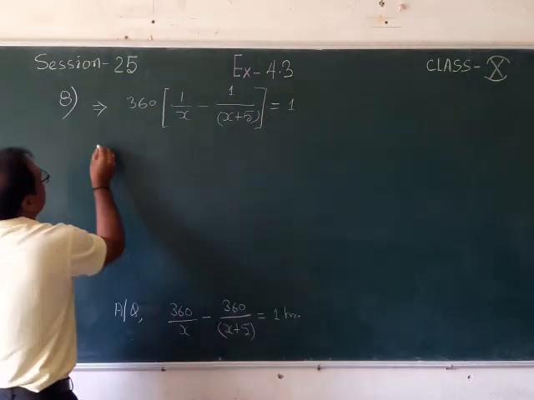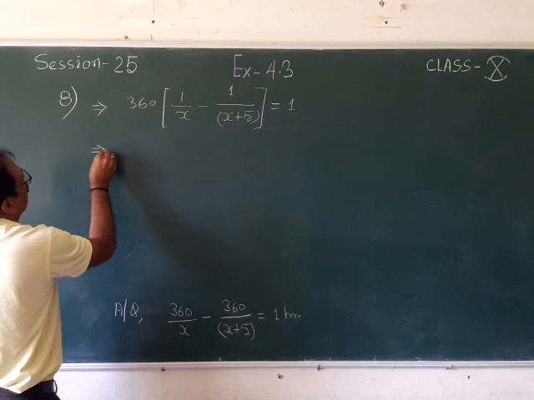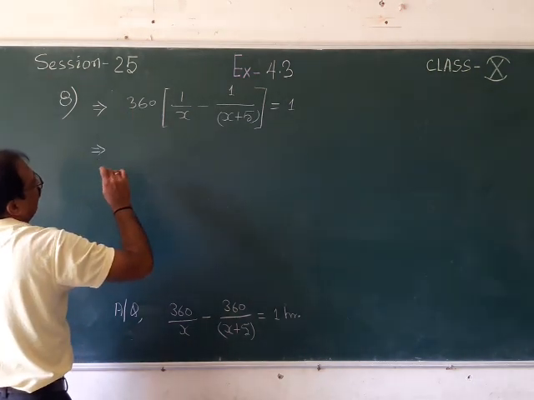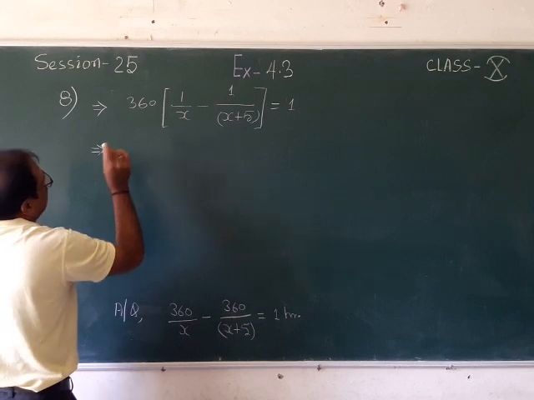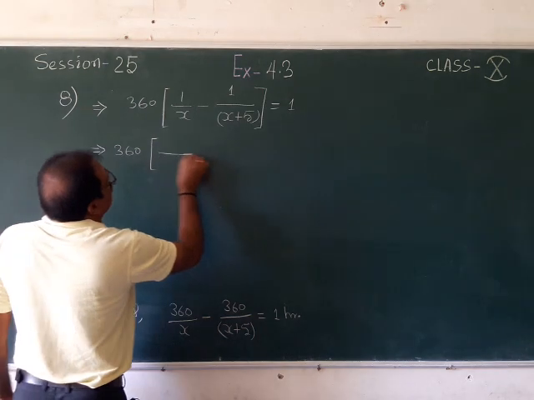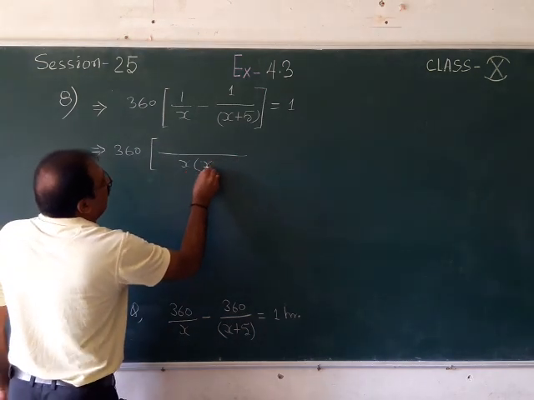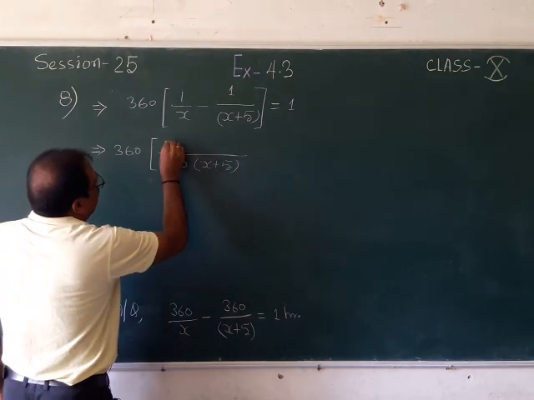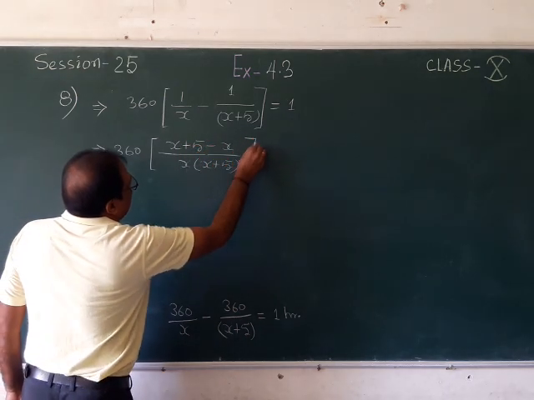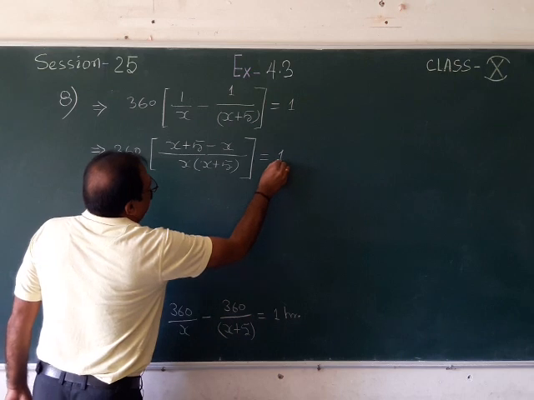Now just solve it. 360 can go to that side also, or keep it like that, no problem, it's your choice. Now you can solve it like this: x and x plus 5, then x plus 5 minus x, and it will be 1.